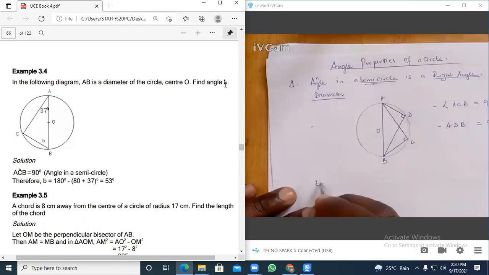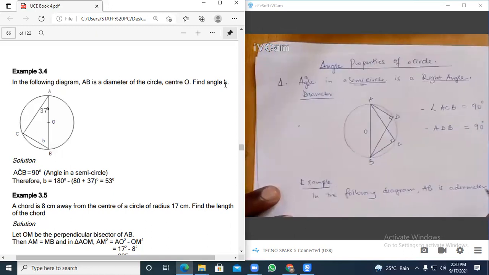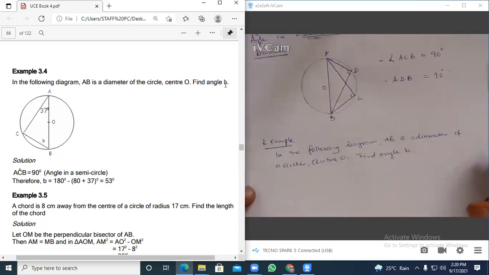Just copy the question. In the following diagram, AB is a diameter of a circle, center O, then find angle B. They are telling us to find the angle B.